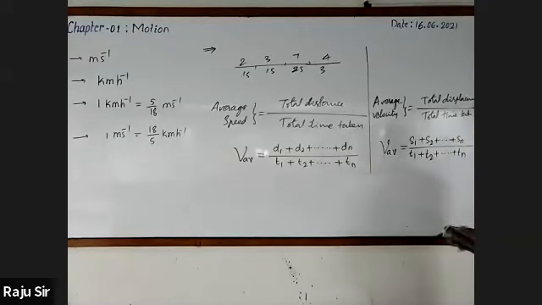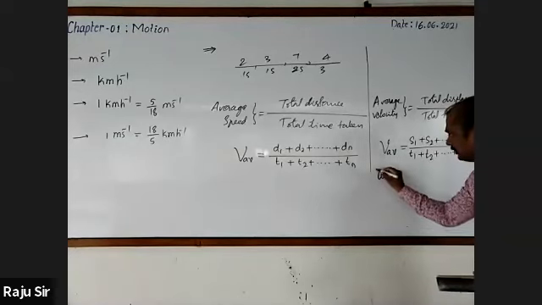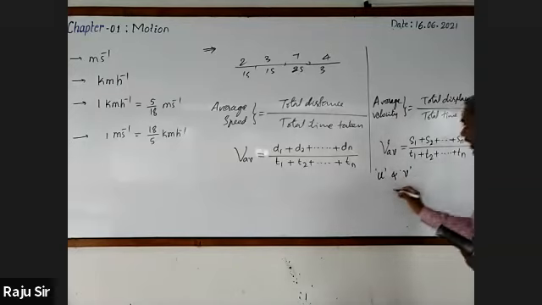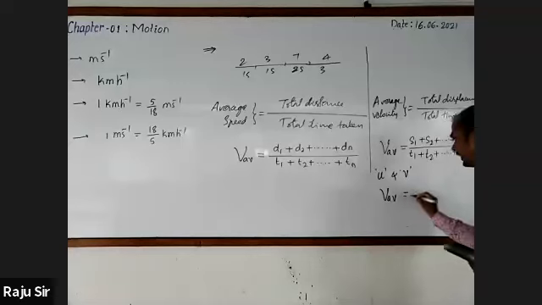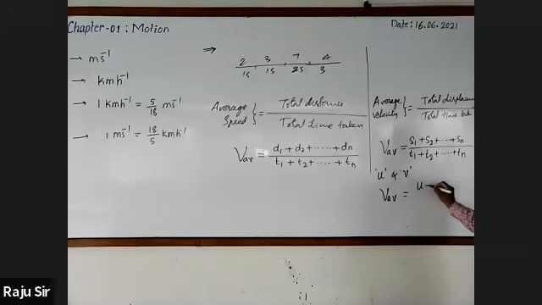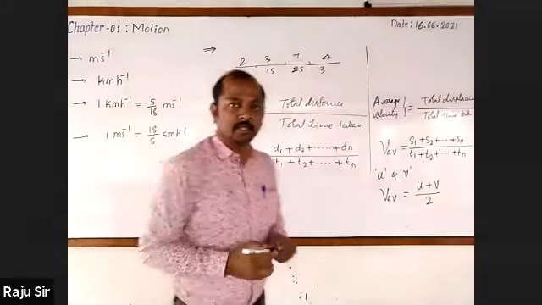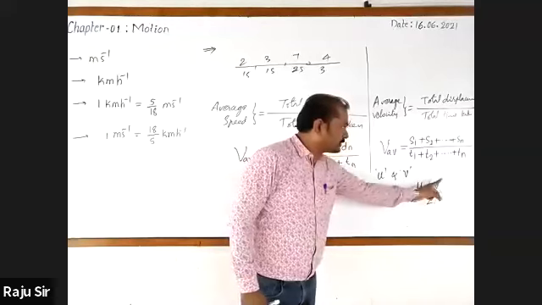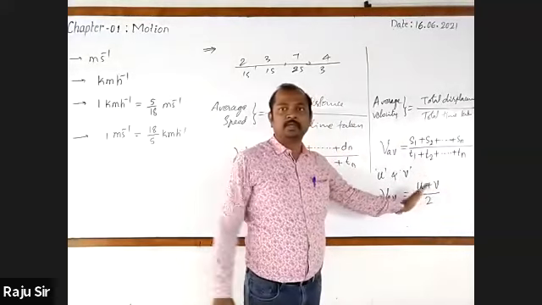Usually, initial velocity is denoted by the symbol u, and final velocity is denoted by v. Then average velocity can be written as u plus v by 2. It is nothing but initial velocity plus final velocity divided by 2.